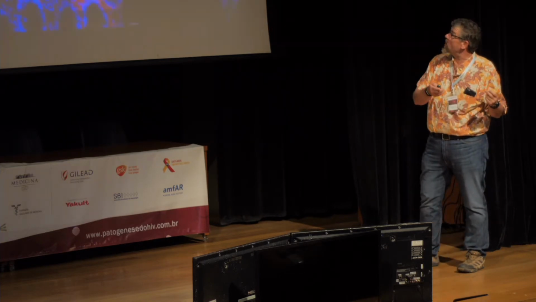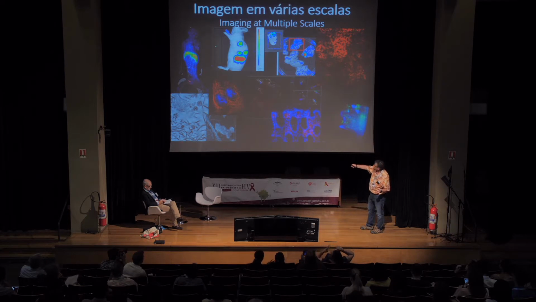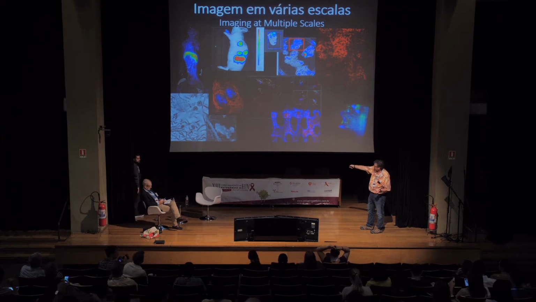Woohoo! And so now I can do PET scans and light sheet microscopy, multiphoton imaging, and we can go from a whole animal, where we found a foci of infection, down to the viruses at the EM scale.